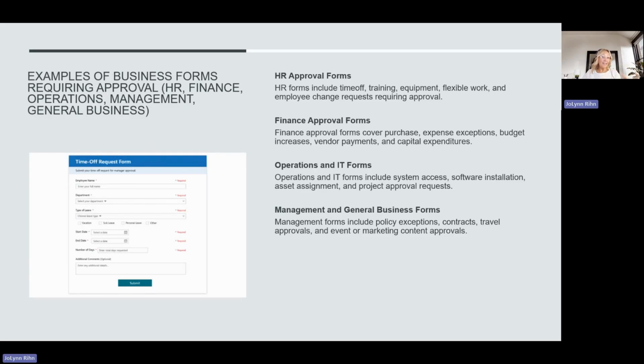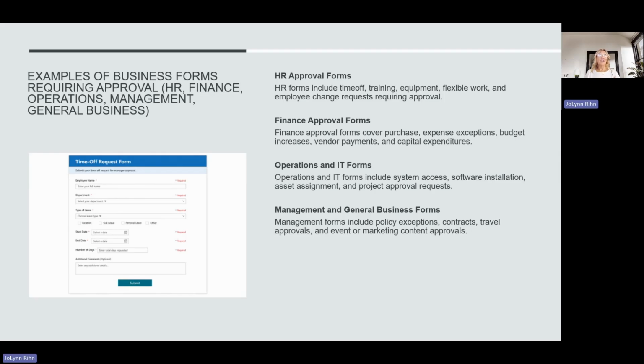So depending on the type of form you may want, from this list you can see some examples of what departments and what type of forms they might be using if they need an approval-based form. It could be based on HR, where we want a time off request, training request, equipment request, or employee change information to be filled out, like your emergency contact details.